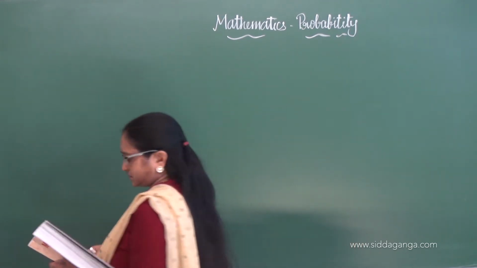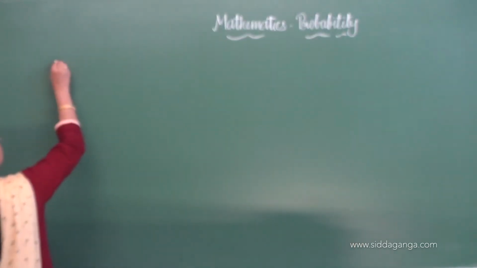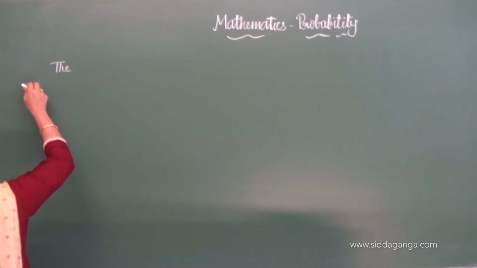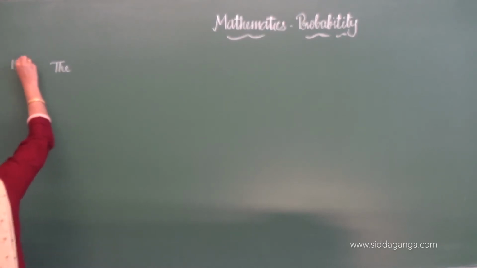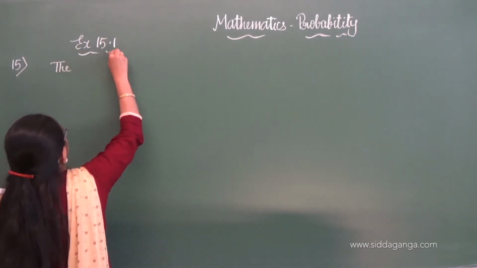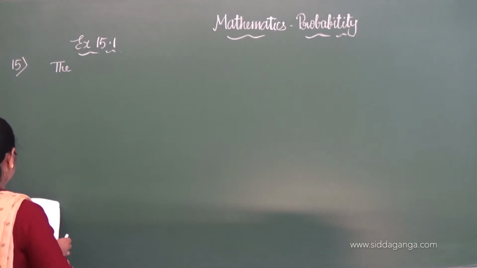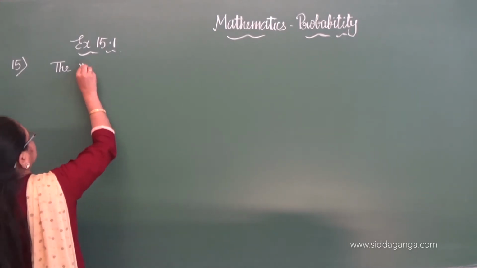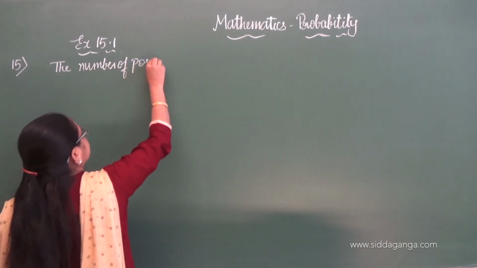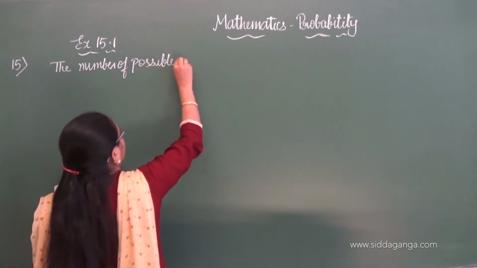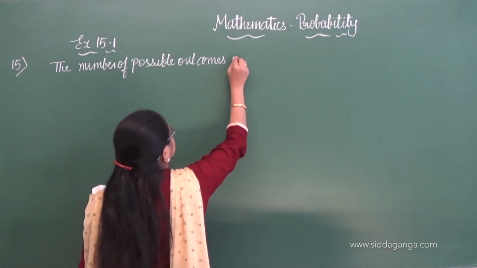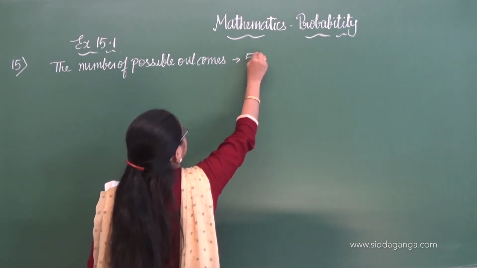So first let us write the solution for the 15th question, exercise 15.1. So the number of possible outcomes is 5, because 5 cards are there.